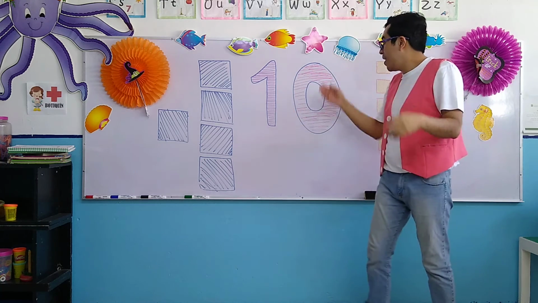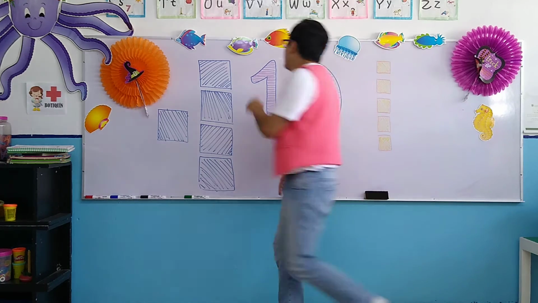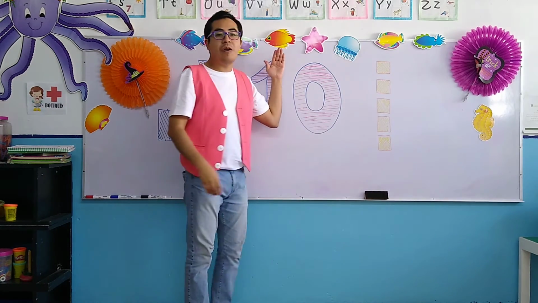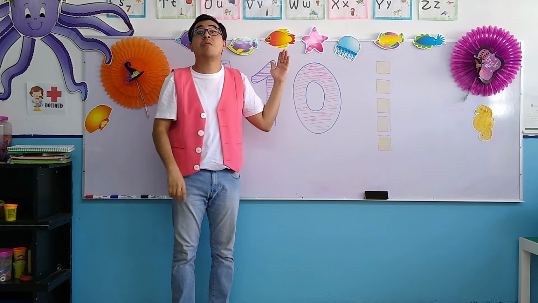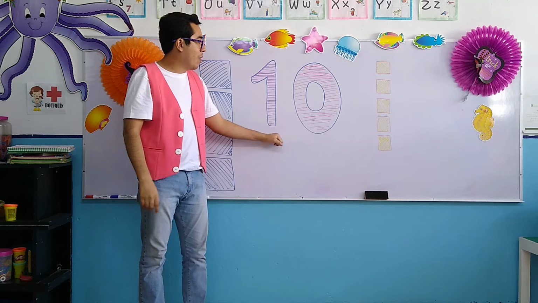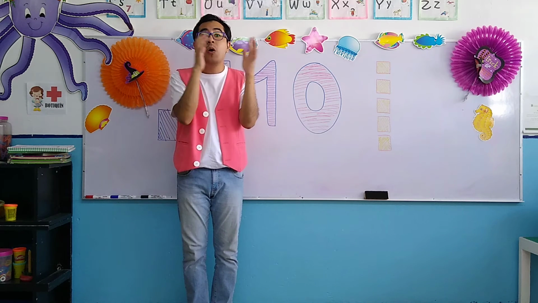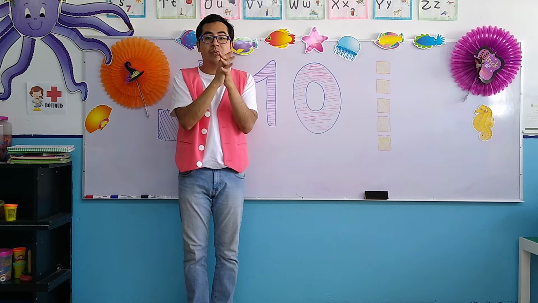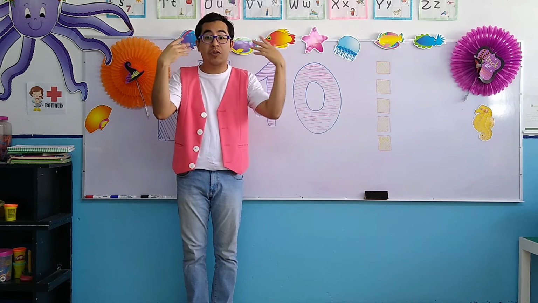Because if we only have this one, it's only the number 1. If we only have the 0, it's just 0. So we need two numbers to create number 10, okay? The 1 and the 0, okay? They have to be together all the time. Tienen que estar juntos siempre para que así podamos crear number 10.